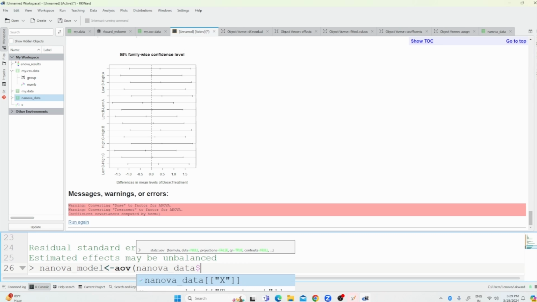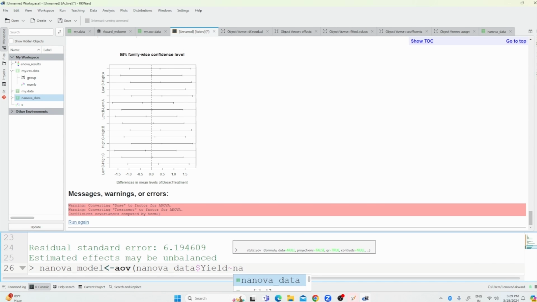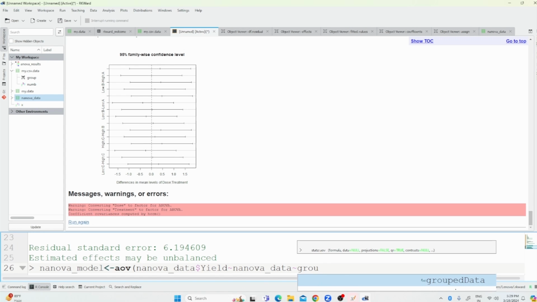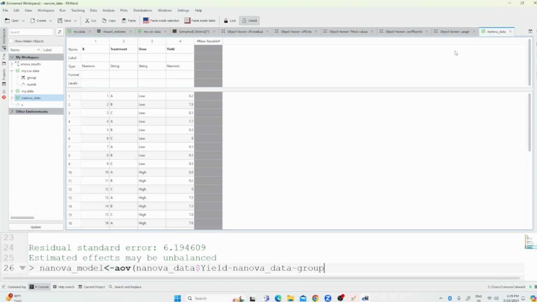Yield, please pay heed here, nANOVA underscore data, dose, okay, group. Just check the nANOVA data, which is here. Yeah, treatment. Okay, treatment is the word.